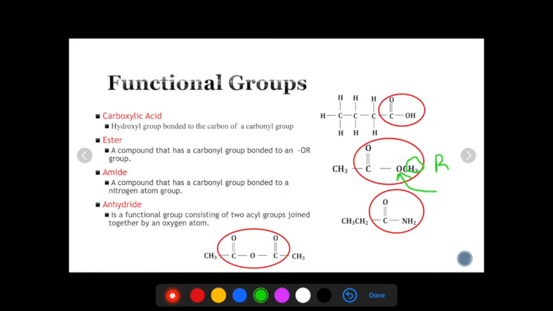And then we have the amide, which is the carbonyl carbon attached to a nitrogen group. And anhydride, we have two carbonyl carbons attached to an oxygen and the carbon chains. So we'll talk more about that later.